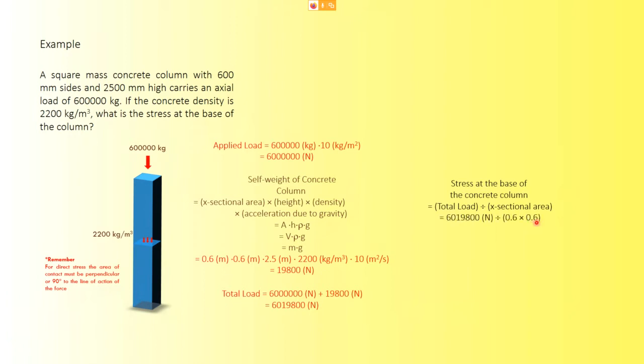So we have this. So cross-sectional area, 600 mm sides. They say square, so it is 0.6 times 0.6. So you got this value here, 16.72 meganewton per meter square. That is the stress. Or you can write it as megapascal. Okay, that's for this example.